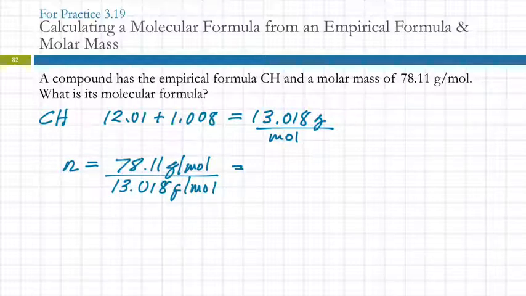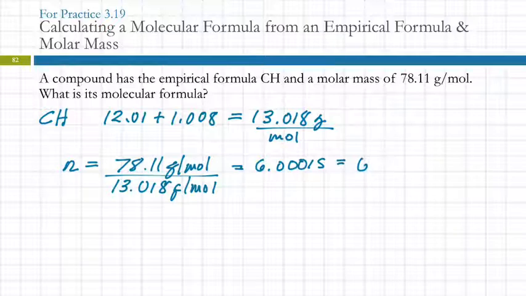My calculator is saying 6.00015, blah, blah, blah. This should always come out to a nice number, really close to a whole number. We're never going to have to multiply this by anything. If this comes out weird like 6.5, you screwed up somewhere else, go back and look at that, or the problem itself was wrong. So this is 6.